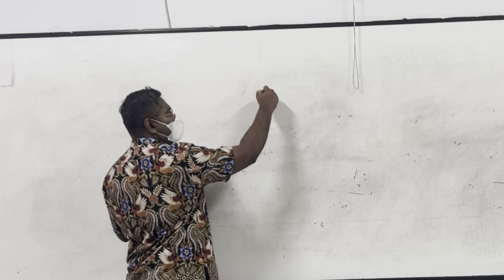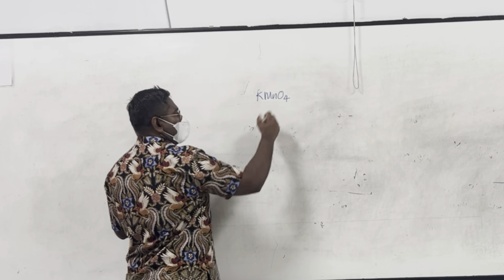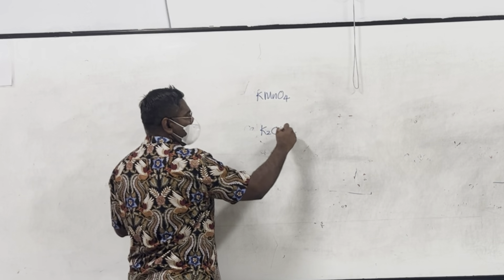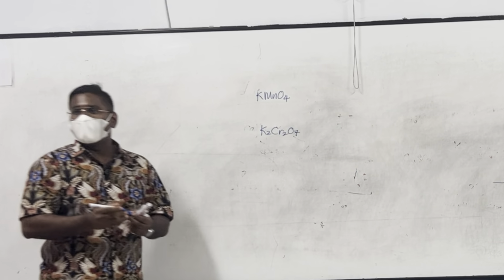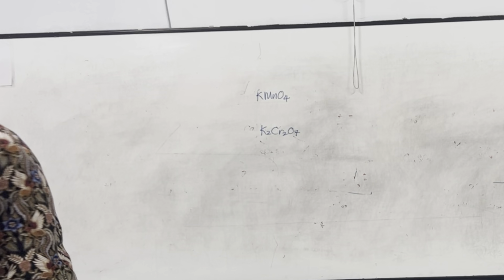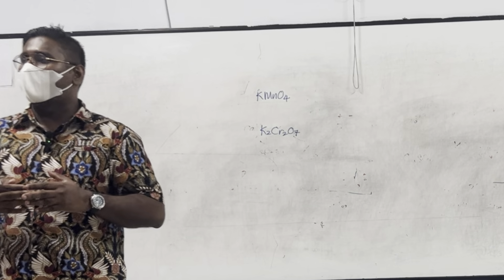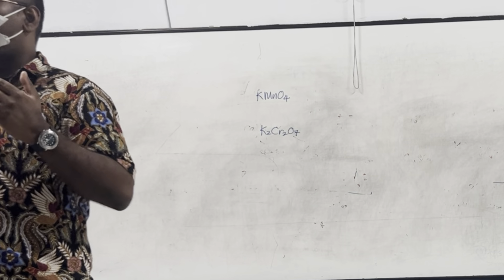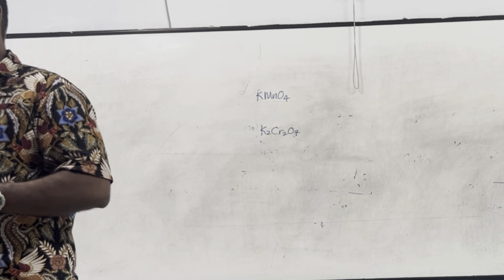Now, remember KMnO4 and K2Cr2O7. These two, potassium manganate and potassium dichromate, are known as oxidizing agents.